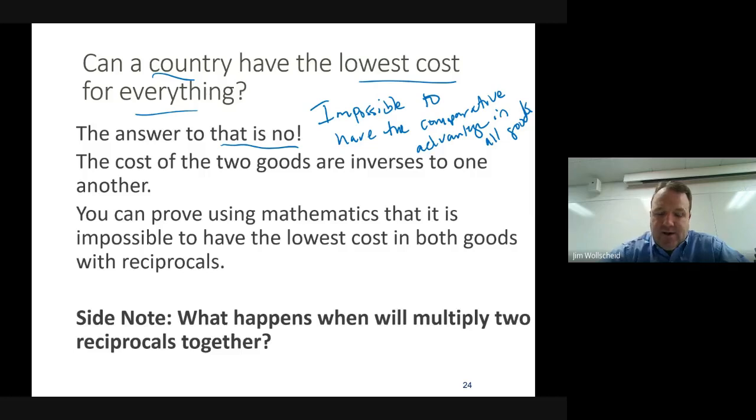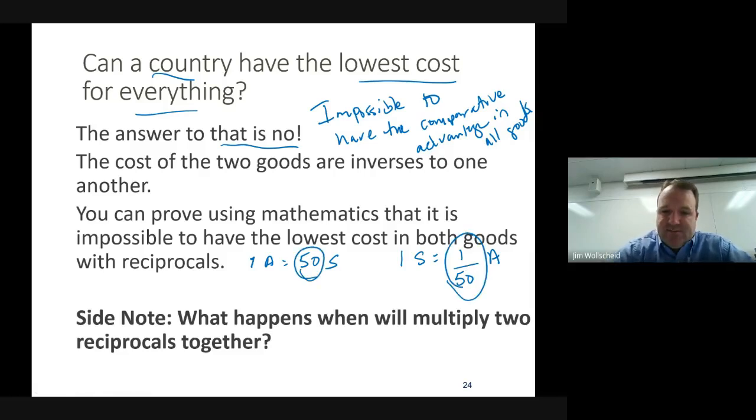Why is that? Well, if you looked at these numbers, one airplane is 50 soy, and one soy is really 1/50th of an airplane. Now, if you look at 50 and 1/50th, what you notice is that they are something you learned in 8th grade called reciprocals.